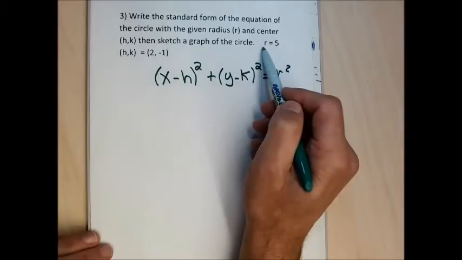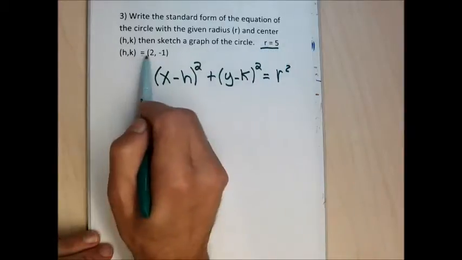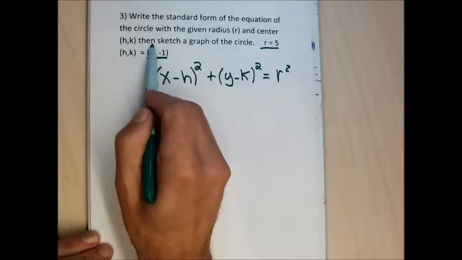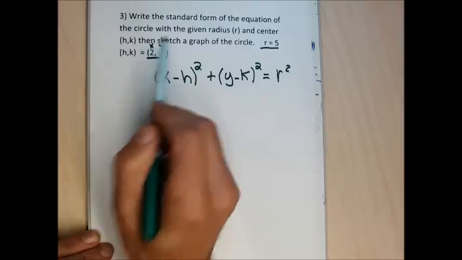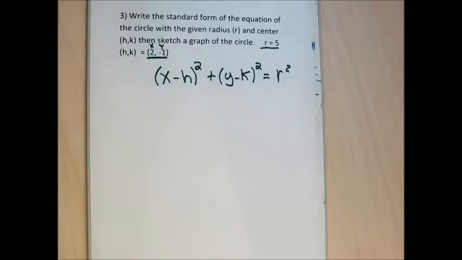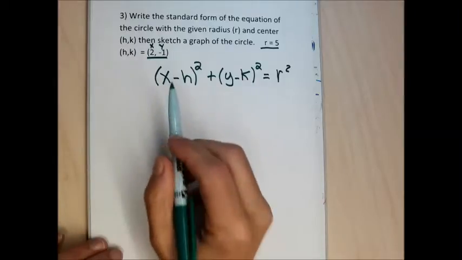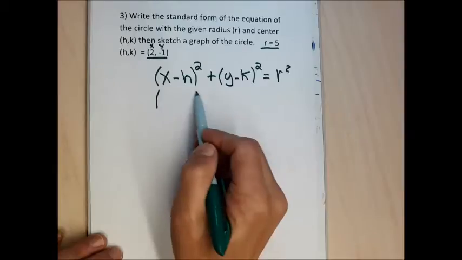Specifically, it gives me the radius of the circle, and it gives me the center of the circle, the x-coordinate of the center and the y-coordinate of the center along with the radius. Problem 3 wants me to find an equation of this circle in standard form, and it wants me to sketch a graph. I could actually sketch a graph without knowing the equation, but I'll go ahead and get the equation first because it's easy, and I have the bones here for this.